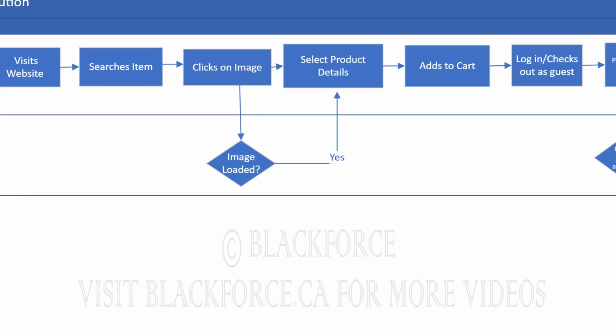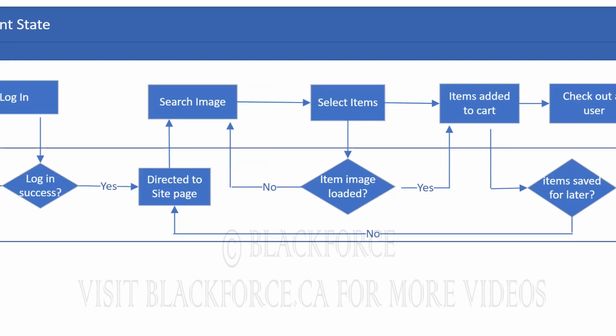If you go back to the current state map, let's go to that one for a second. So for the current state map, this is just a recommendation to help you have cleaner diagrams, right? Look at the box where you have search image.